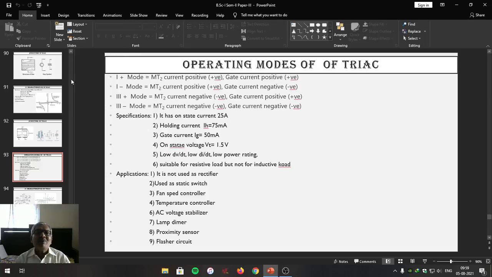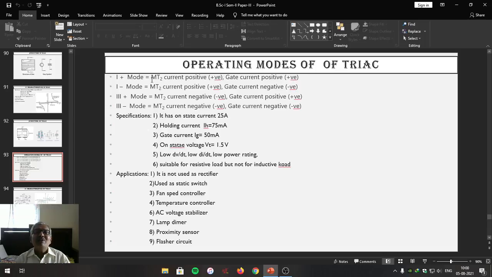All these modes of operation we studied just now. Only what is to be done? Keep changing the polarity of the gate, so that you are going to get IV characteristics in the respective regions. So that's why we can say the triac is operated in the 4 modes. One, MT2 positive, gate positive.